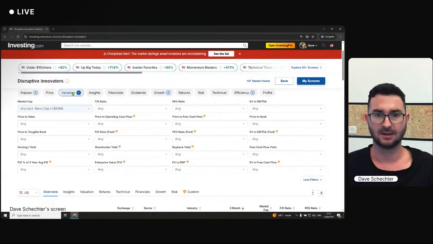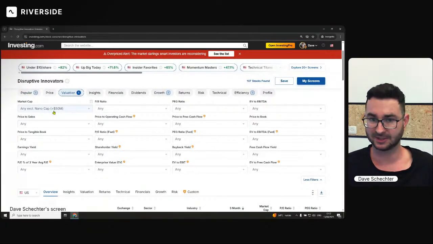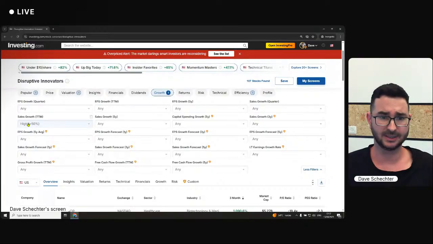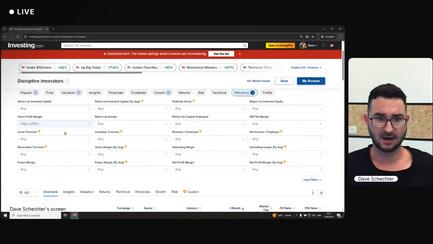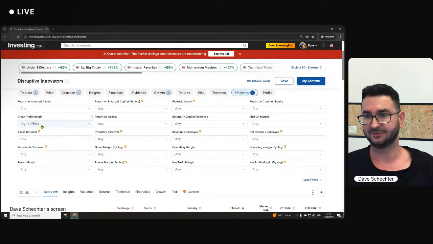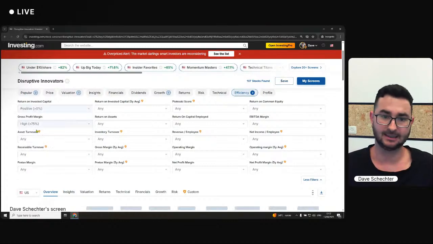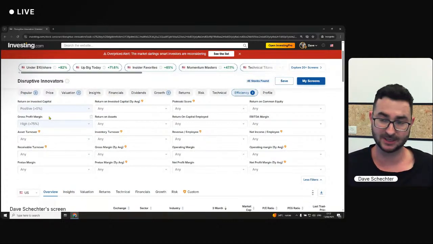So for example, I see that we've excluded nano caps on the growth tab. I see that we've included a sales growth of over 50% and efficiency of a gross profit margin of above 75%. So I can also add in any further metrics that I want to.